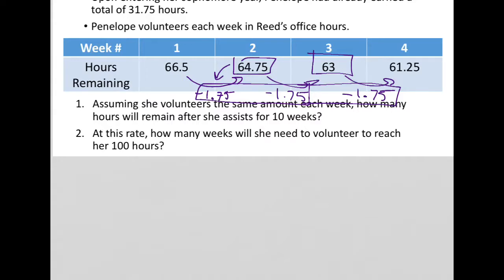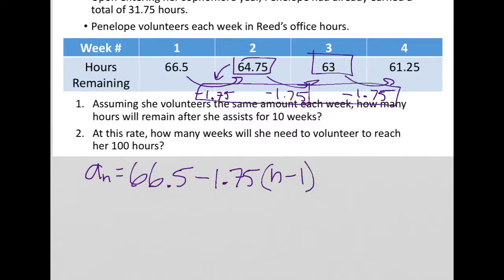But anyways, we can say then that the value of the nth term, a sub n, will be the value of the first term, 66.5, this time minus 1.75, the common difference, times again that n minus 1. That same relationship is holding true.